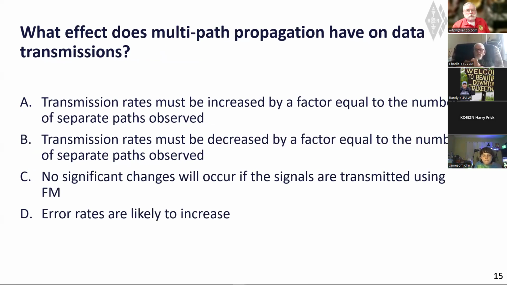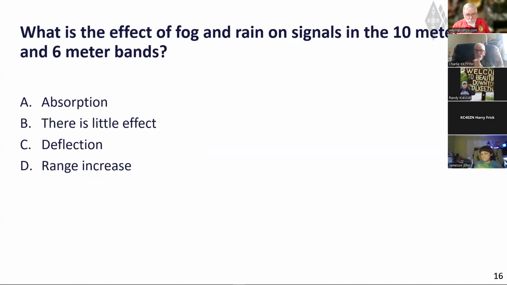What effect does multipath propagation have on data transmissions? Error rates are likely to increase. What is the effect of fog and rain on signals in the 10-meter and 6-meter bands? On those, there's little effect.